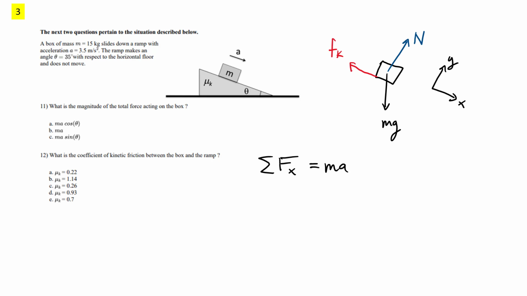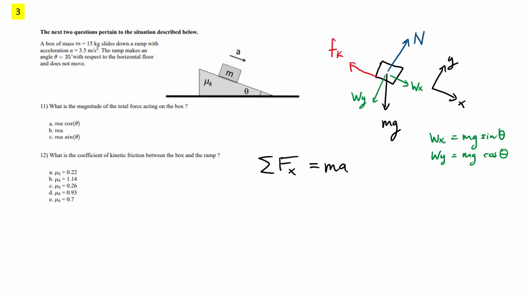Well, with blocks on a slope, you typically break the weight down into 2 components. This is the weight in the x direction, and this is the weight in the y direction, and we've done this before. The weight in the x direction is mg sine of the angle theta. The weight in the y direction is mg cosine of the angle theta.